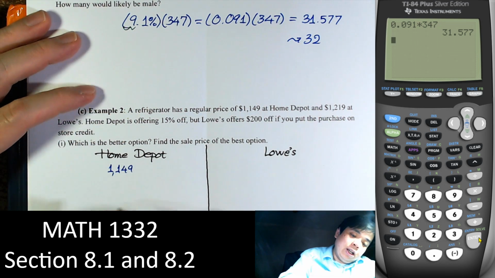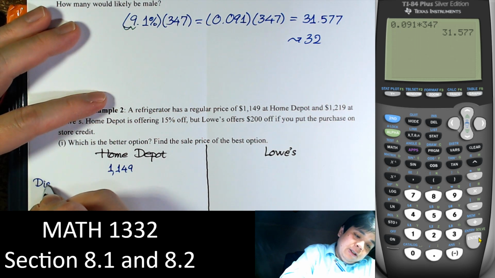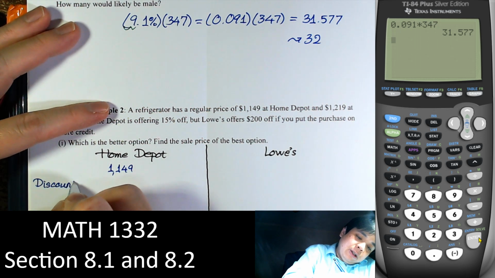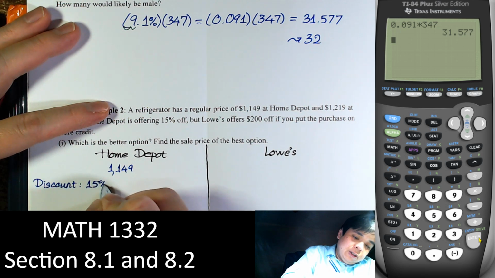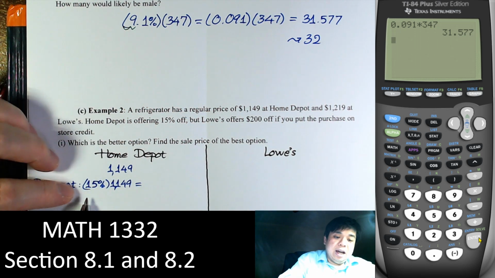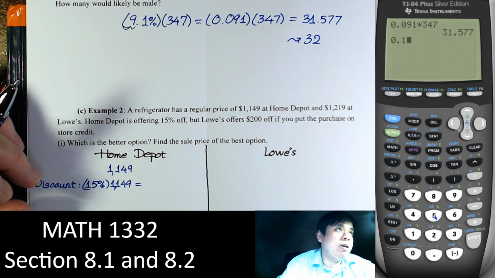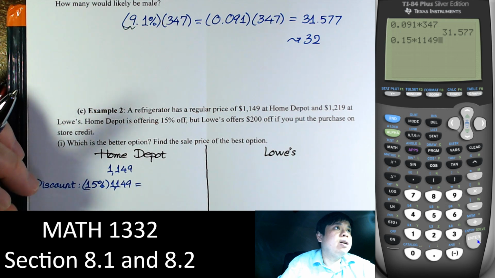So for the discount, we have 15% off, and moved to a decimal, that will be 0.15 times 1149, and we have that.